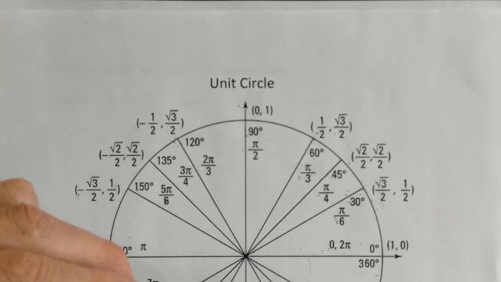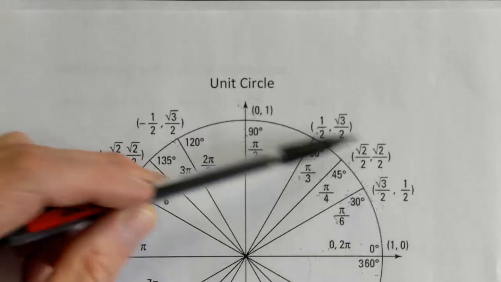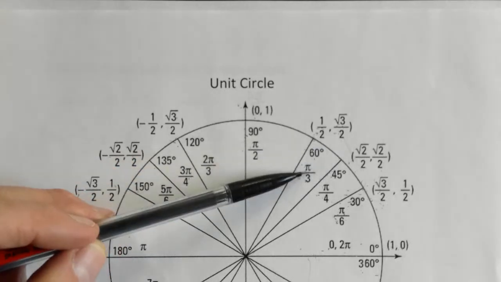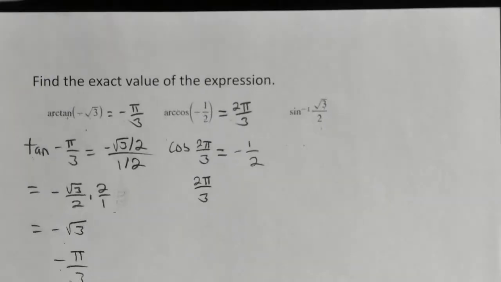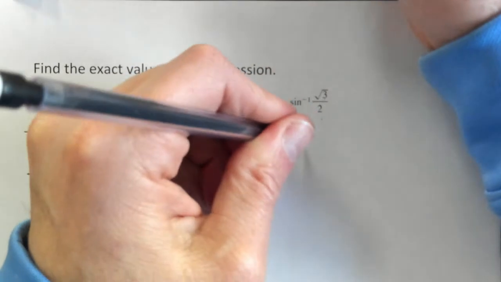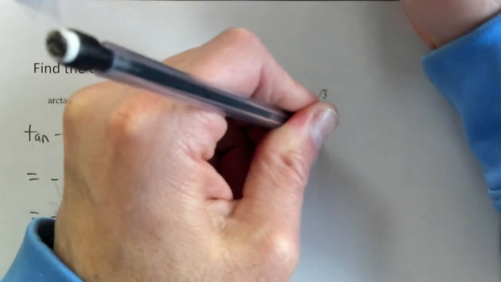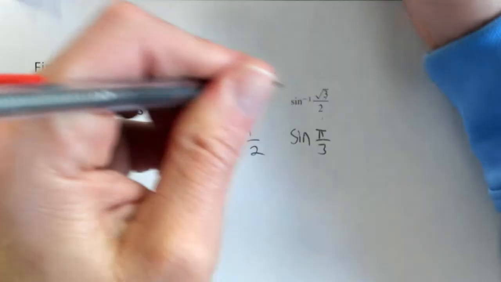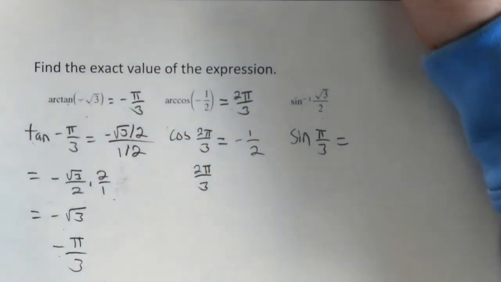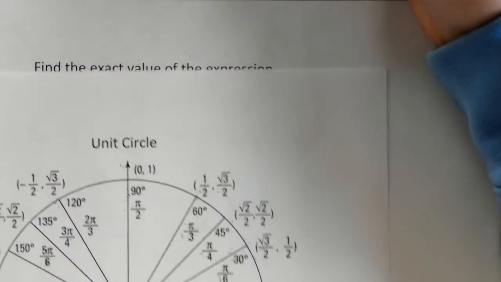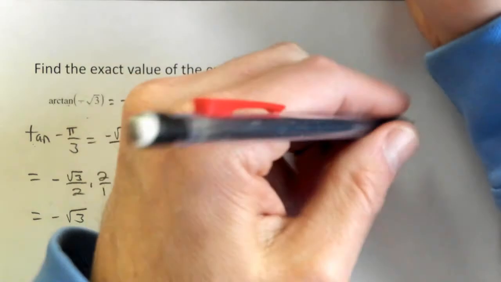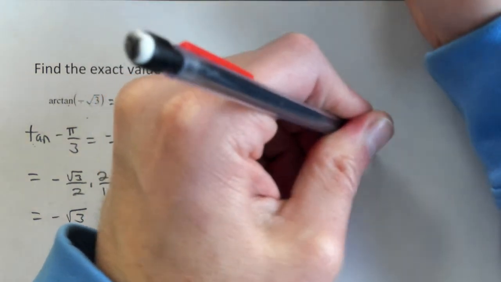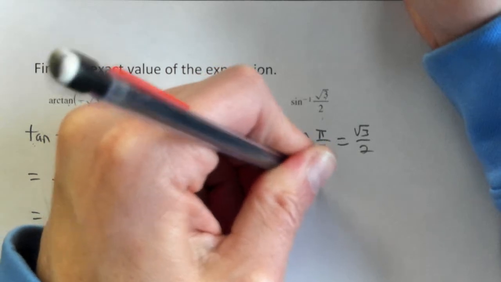All right, and so y-coordinate square root of 3 over 2, pretty easily right there we can find that it's pi over 3. So what that means is I need to verify that the sine of pi over 3 is equal to square root of 3 over 2, and it is. So I know that pi over 3 is the correct answer.